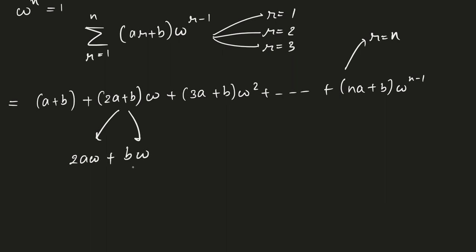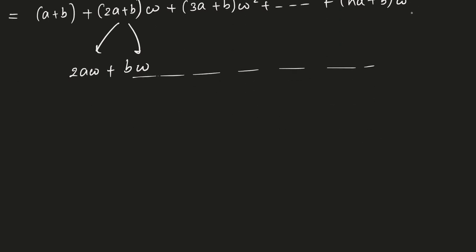Since there are as many terms as b omega, we'll separate the terms of a and b. First I'll expand some for better understanding.